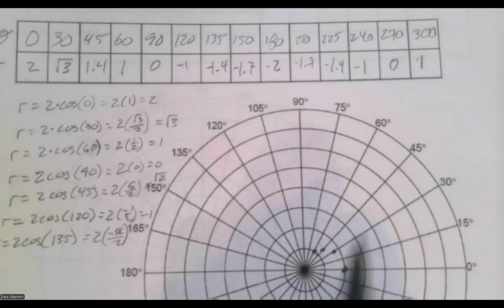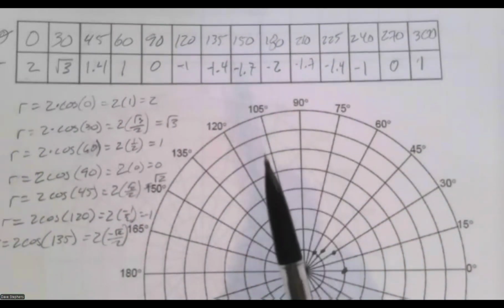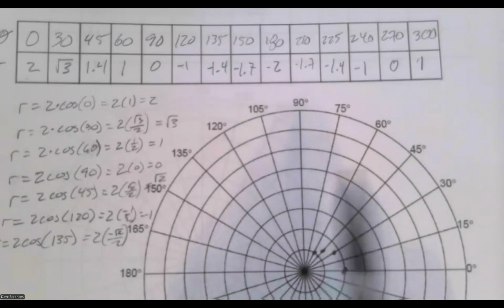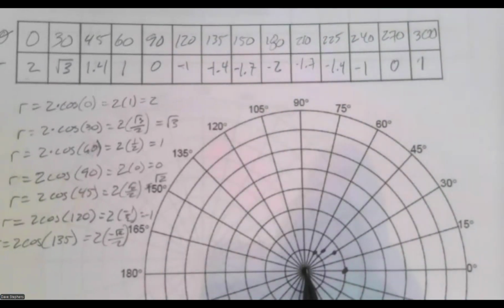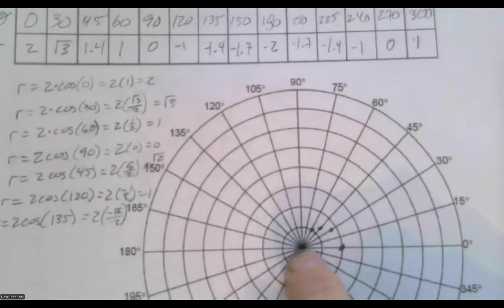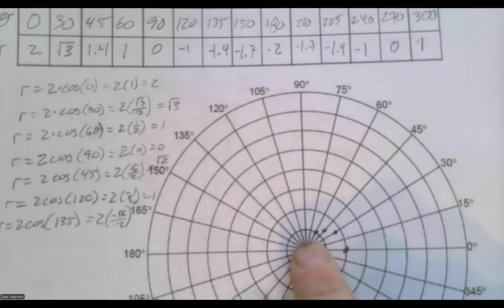All right. When I face 90 degrees, I got a value of 0, so that's the origin. At 120, I go a distance of negative 1. So I'm facing 120. I go a distance of negative 1.